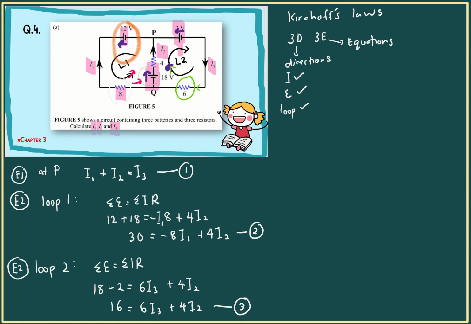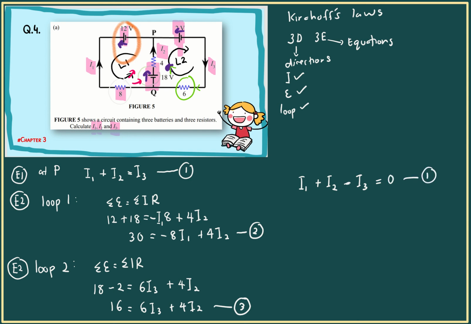Now we want to calculate the values of I1, I2, and I3 using the calculator. We rearrange the equations so that I1 comes first, followed by I2 and minus I3. So this is your first equation.